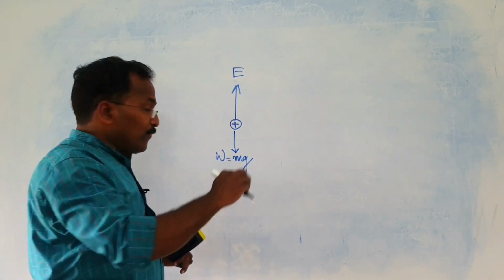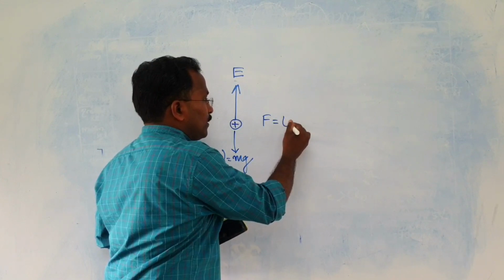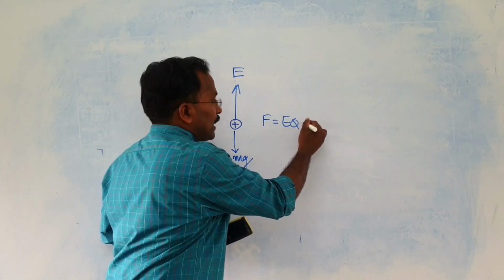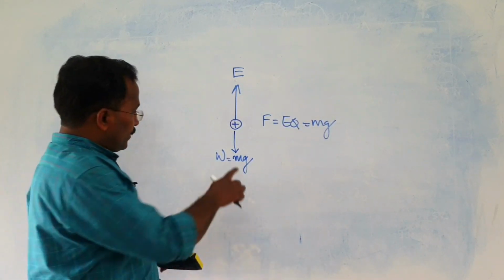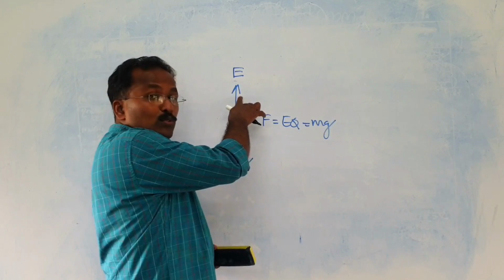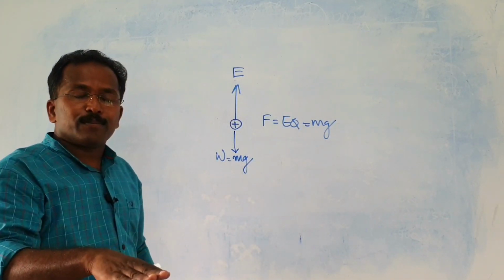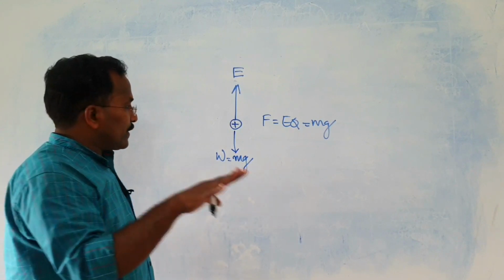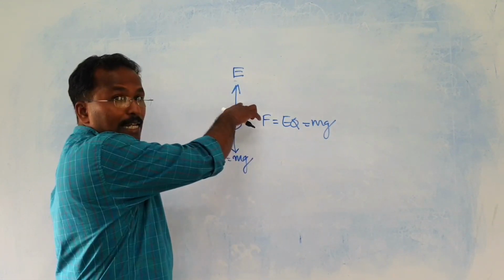It produces a force on this particle, F equals EQ, that is equal to the weight. If the force due to gravity and the force due to electric field are equal, it stands suspended there. So for suspending a positively charged particle, you need an electric field like this.